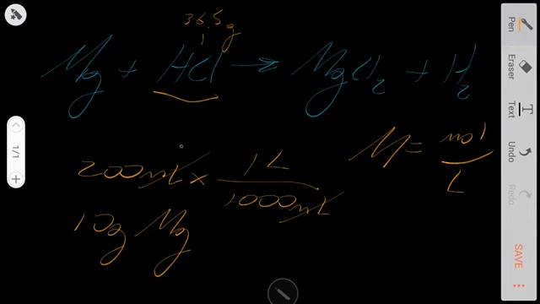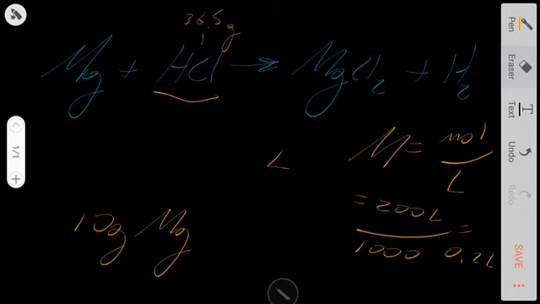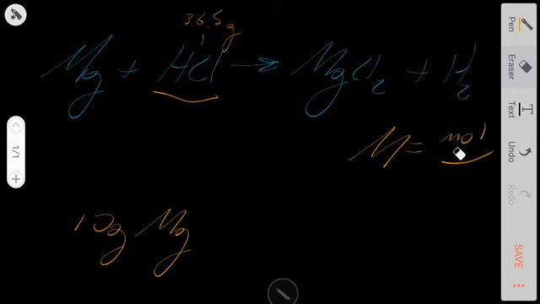I'm left with 200 times 1 L divided by 1,000, which should give you 0.2 liters. Okay, so I'm done converting that. So now I have 0.2 liters.